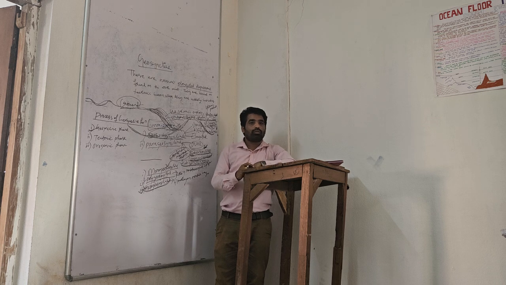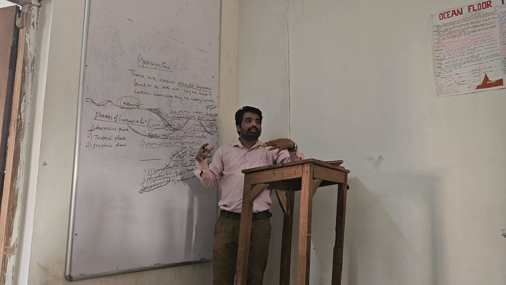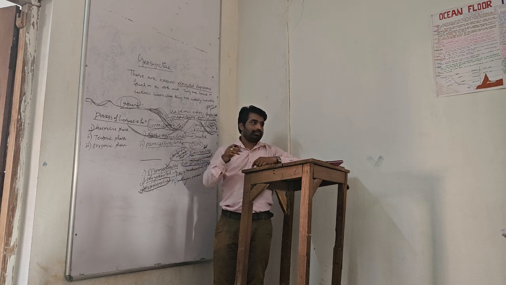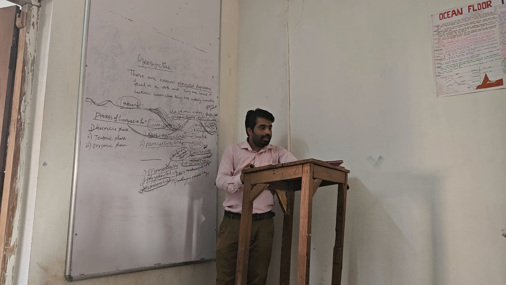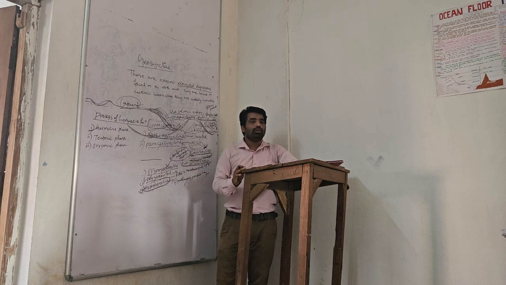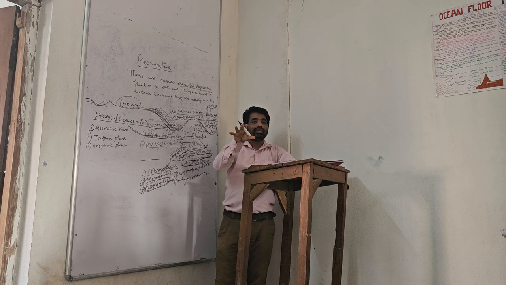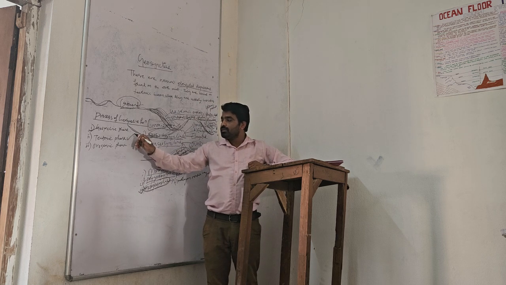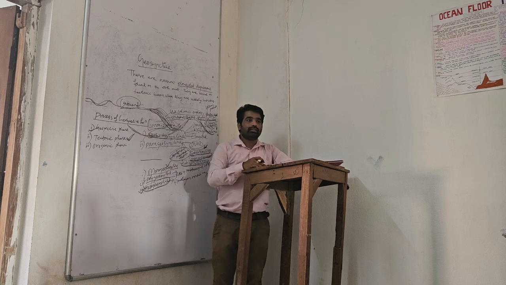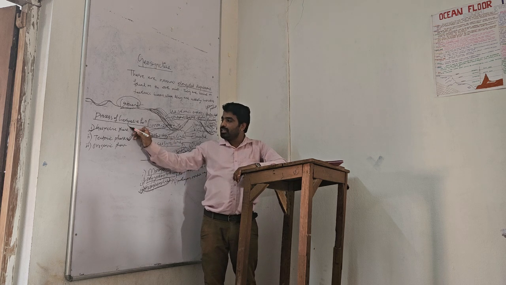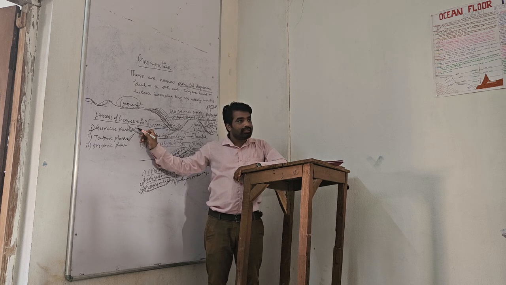And under this compression effect, there is the formation of what? Large foldings, and then followed by the upliftment process, where the role of tectonism is very crucial. Here there is the accumulation only.